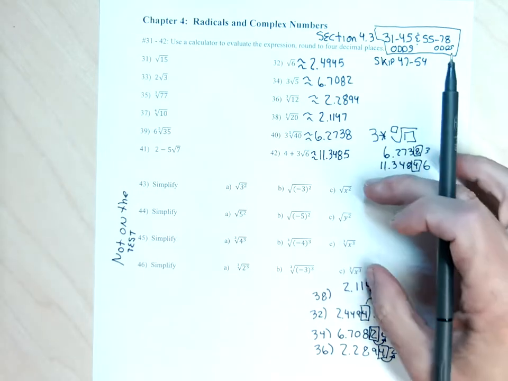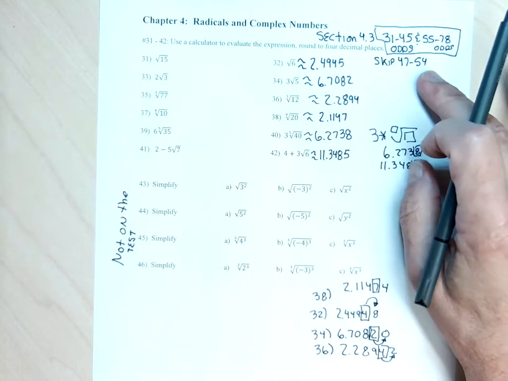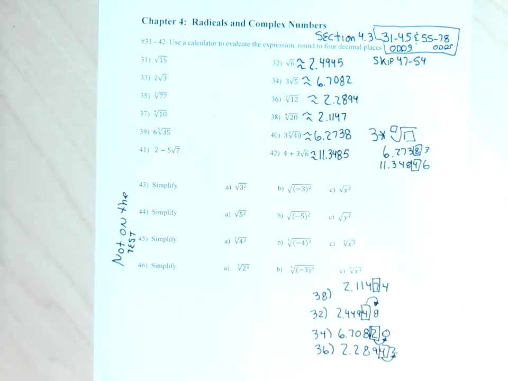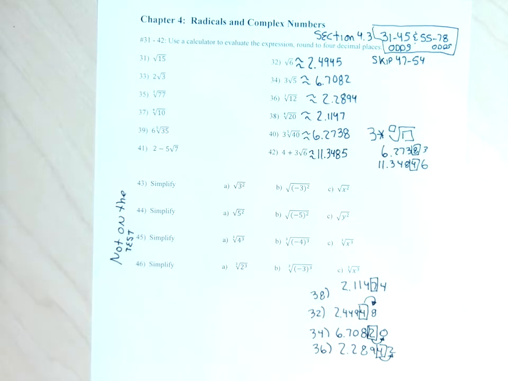The theory in these problems carries through 47 through 54, which we're going to skip, because it's something that is consistently skipped as you get higher. But the idea behind these problems, I'll show you. They're not on the test.